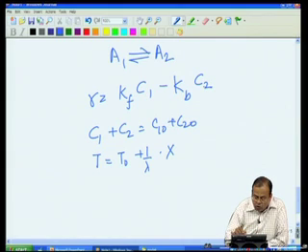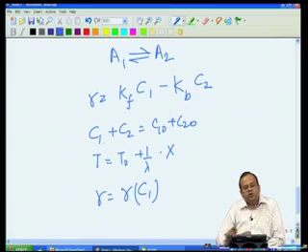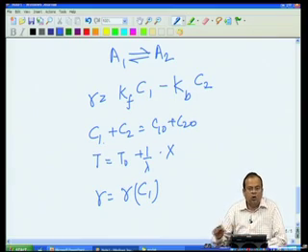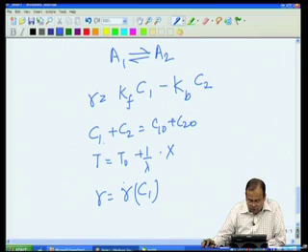So, we have C2 related to C1, we have temperature related to C1, or in other words, we still can write this reaction rate as a function of concentration or as a function of temperature or as a function of conversion.